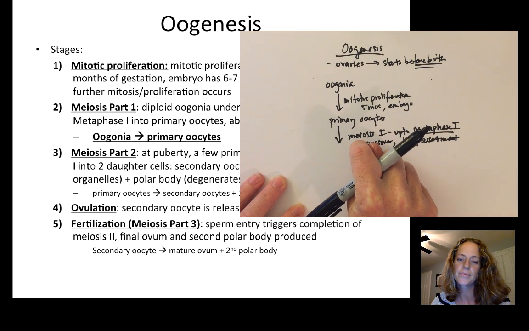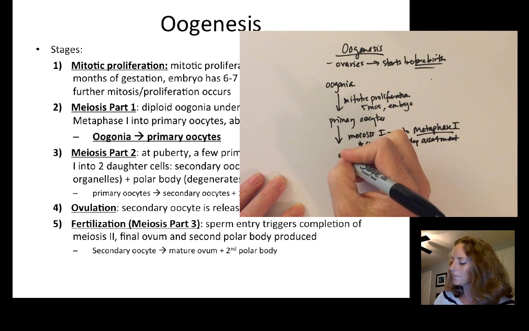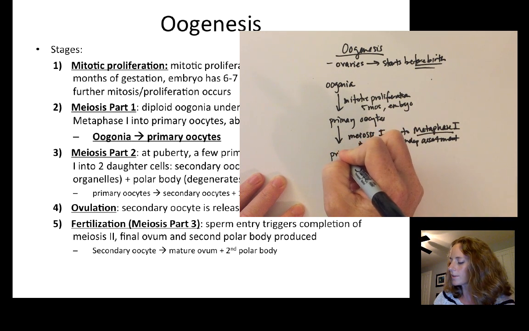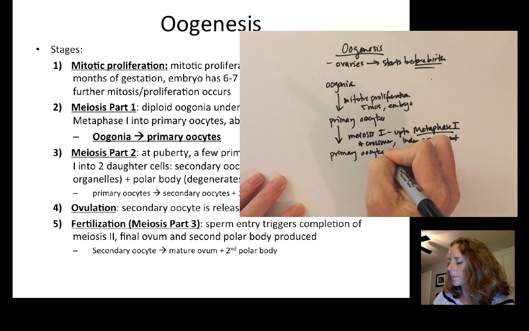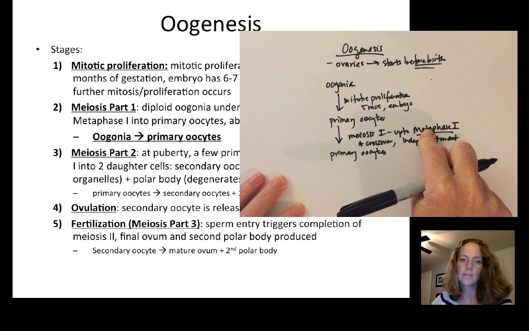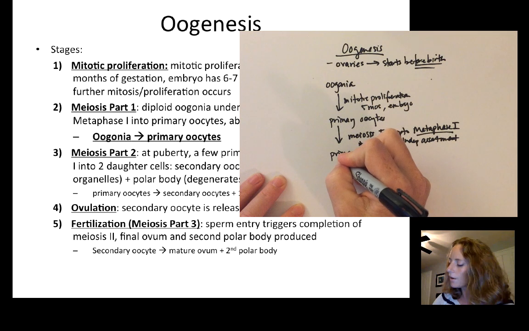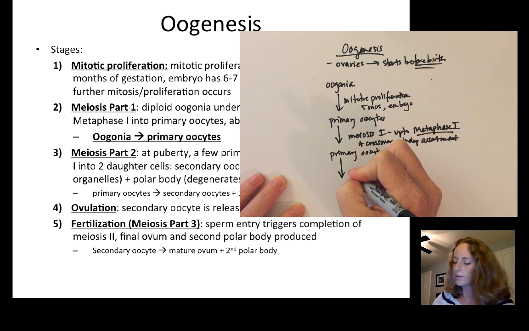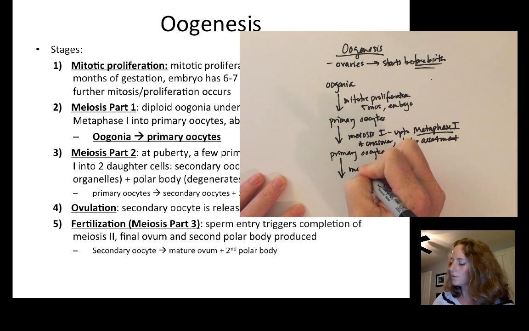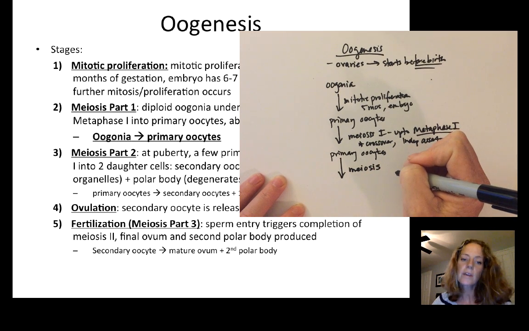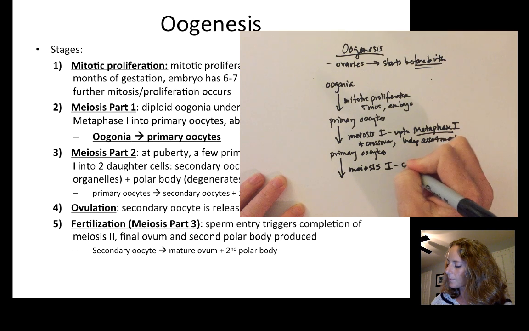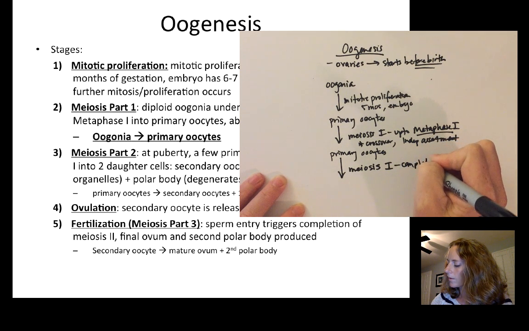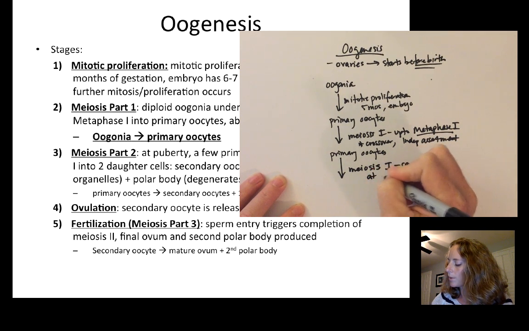From there, the primary oocytes arrested in metaphase 1 are going to continue to complete meiosis 1 at puberty.